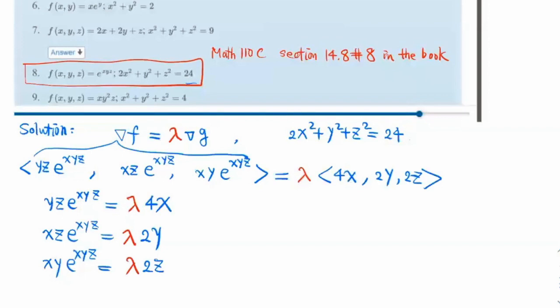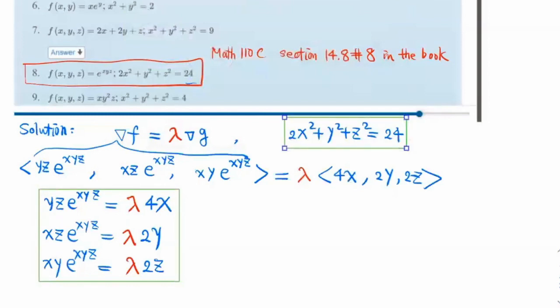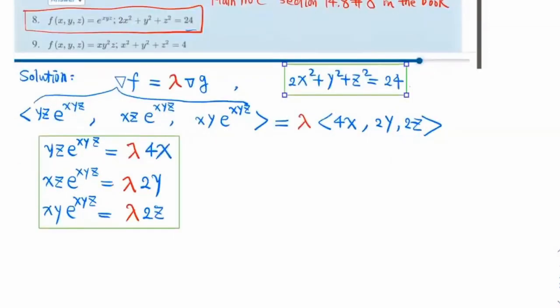We're trying to solve these equations together with the constraint equation and solve for x, y, z. Let's see how. Take a look here: you have this and this, and this and this and this.